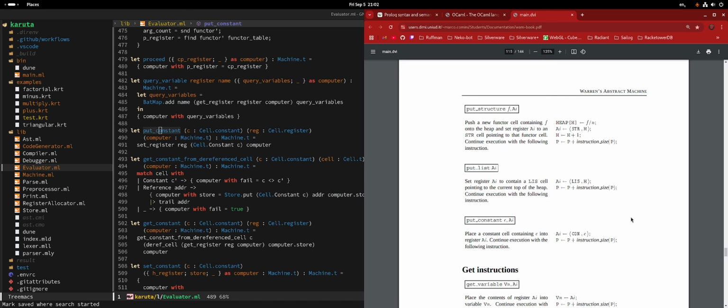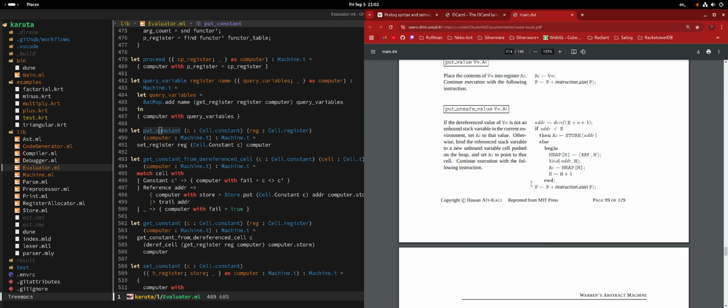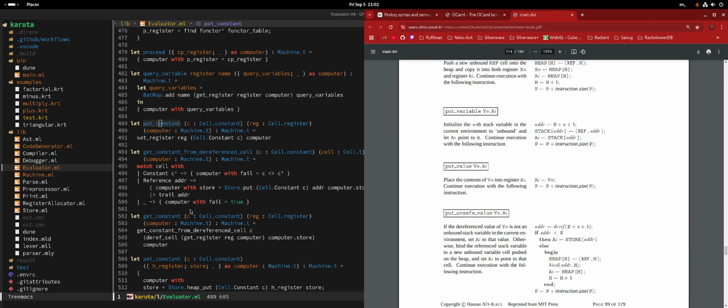Okay, put constant is fine. That means put constant is fine. Get variable. What about put value? Yeah, we're using put values in there.